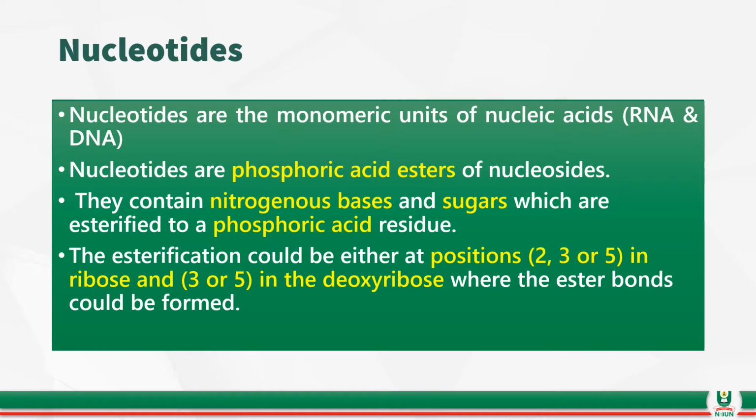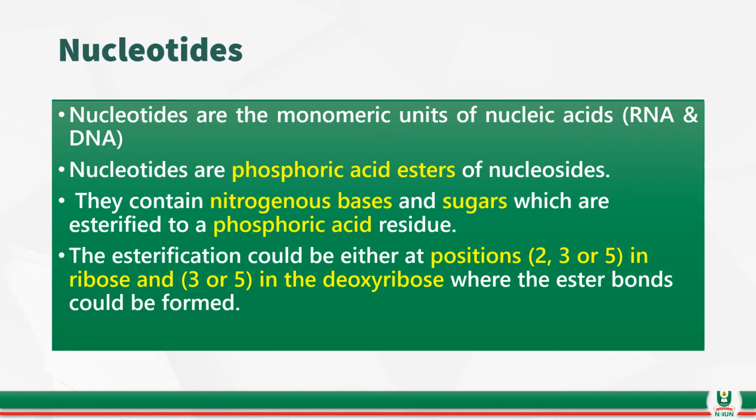Nucleotides are the monomeric units of nucleic acids. Nucleic acids are things you must have been hearing about on the news and in different places. DNA is what we talk about. With DNA, you must have heard someone say he's going for a DNA test to see whether a child belongs to him or not.